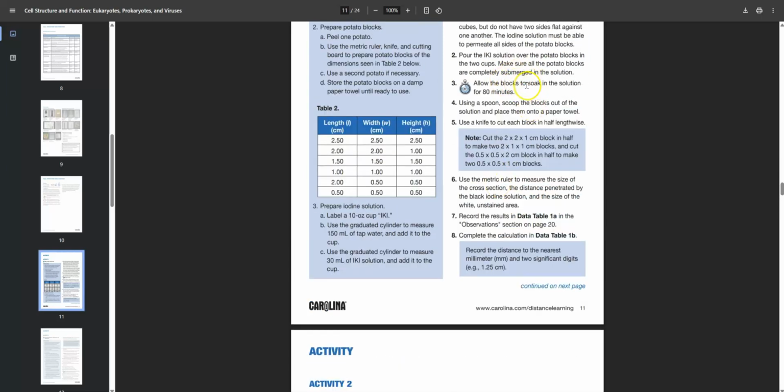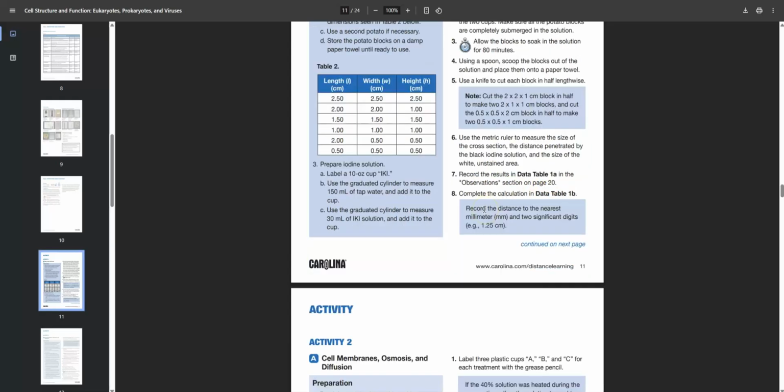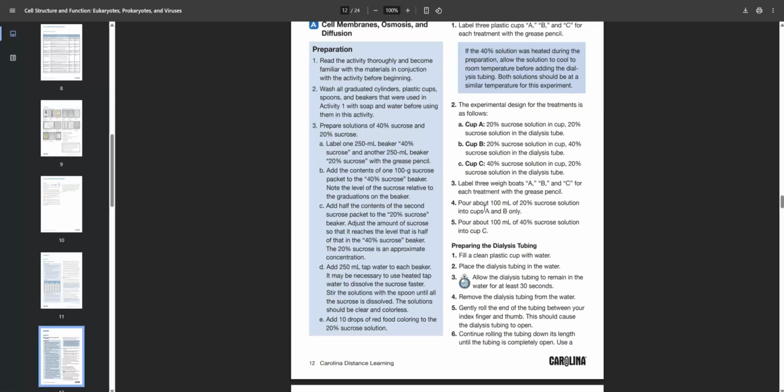So you let them soak for about 80 minutes. And then you're just going to make some cuts and make some observations measuring the size and the cross section of those pieces.